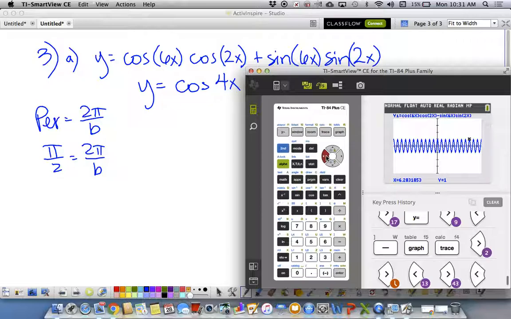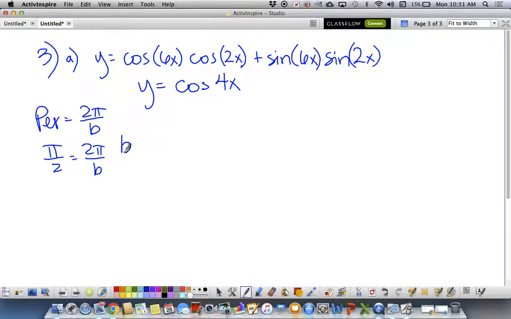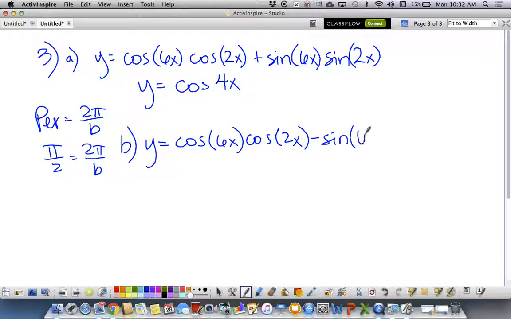Has everybody got an equation? Figure it out. 3b? See? It just takes a minute to look at it. For b, when you have y equals cosine 6x, cosine 2x minus sine 6x, sine 2x. What was your equation, Prince? It works.